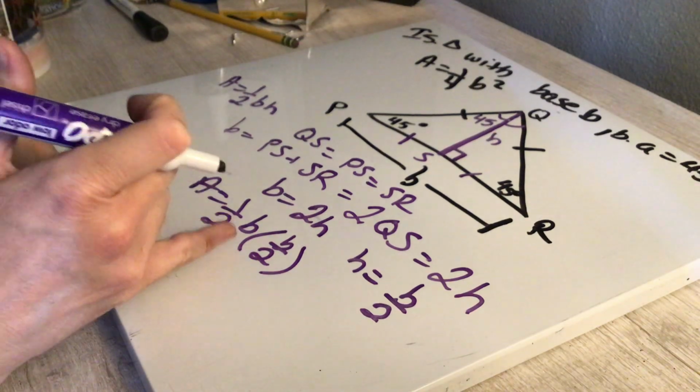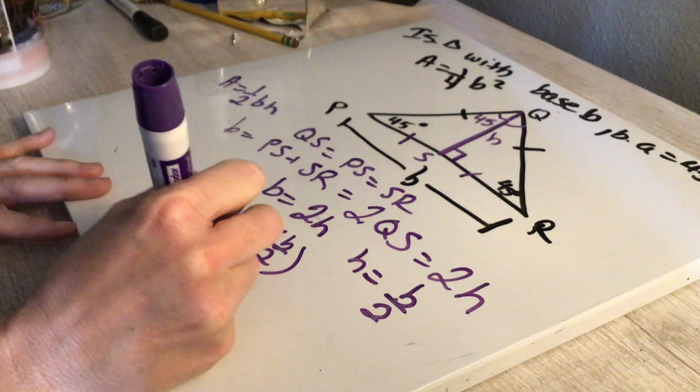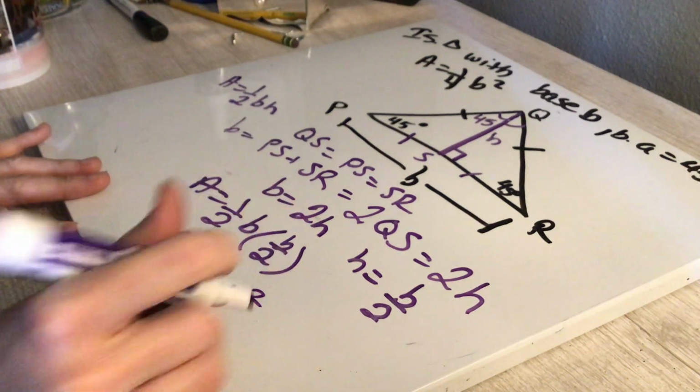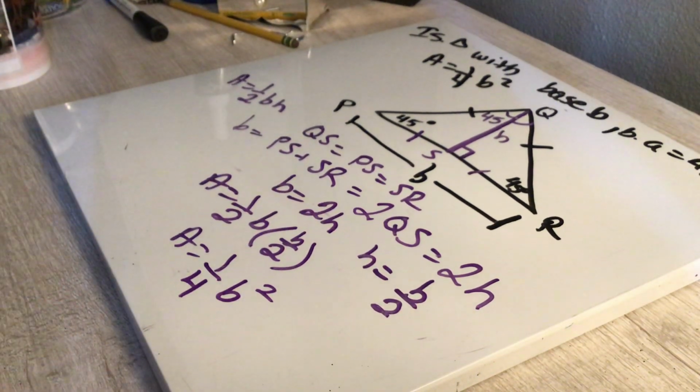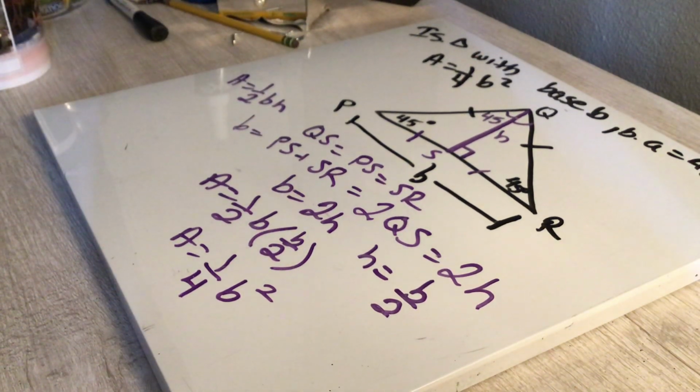Well then, 1/2 times base over 2 is 1/4 times the base squared, which is what we wanted to show for this isosceles triangle. Okay.